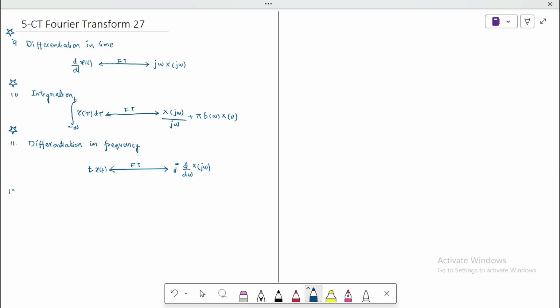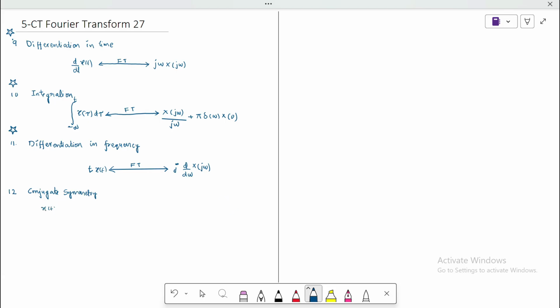Next, conjugate symmetry. It was already discussed for the continuous time Fourier series, in terms of a_k. Here we have to discuss it in terms of X of j omega.